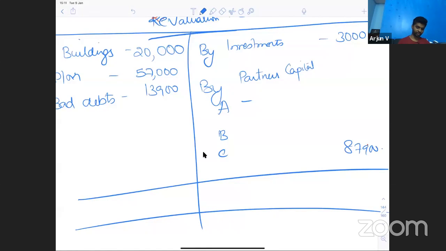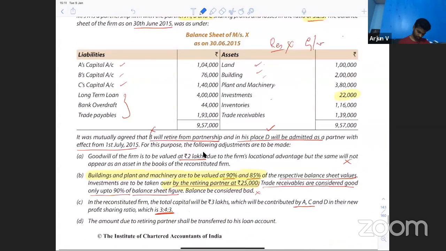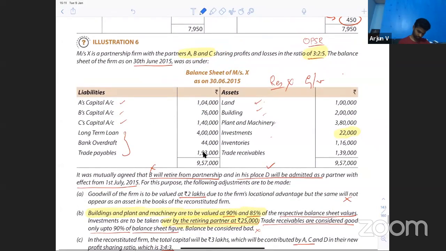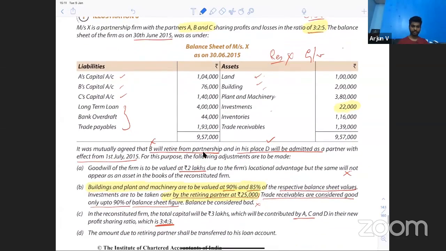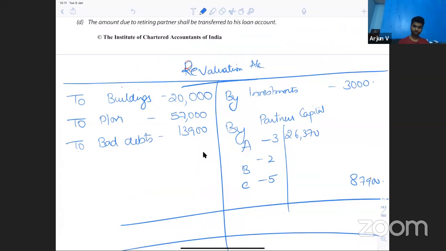So if I divide it in the ratio of 3:2:5, that's going to be 26,370, 17,580, and 43,950. Are you all clear till now?